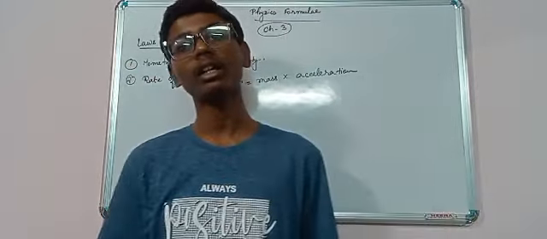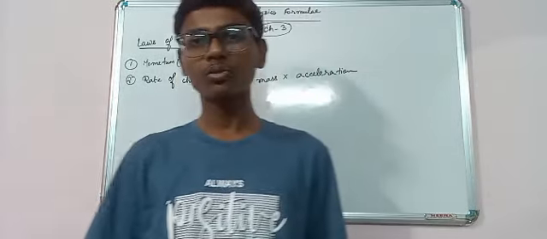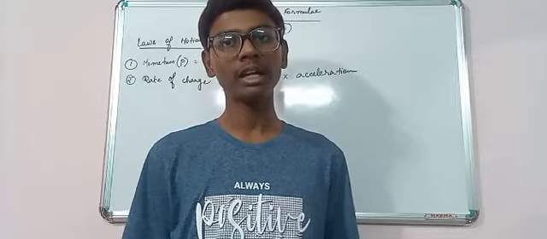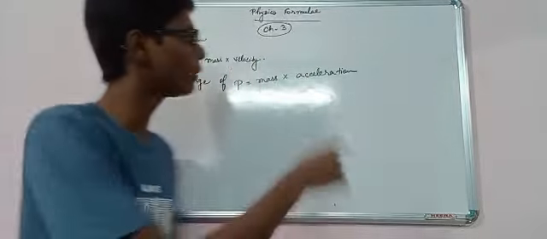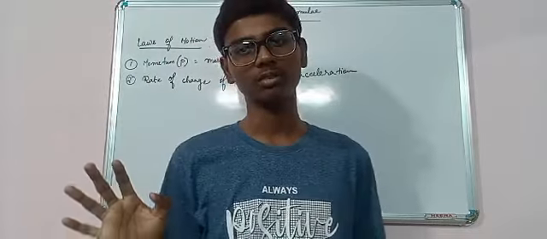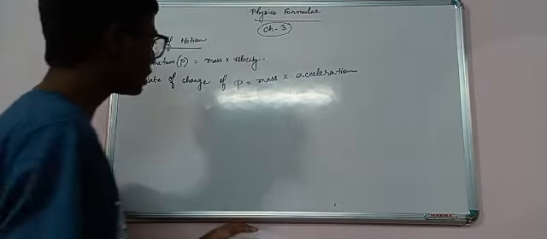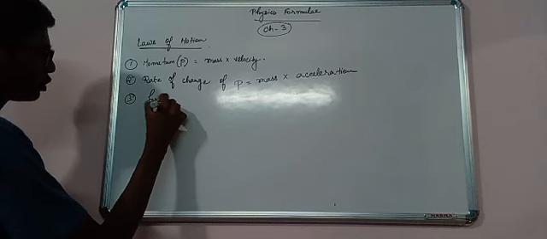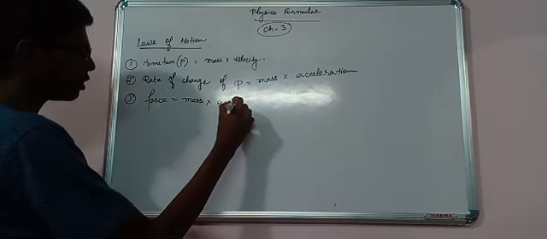Where is by time here? Through a small derivation and a small linkage of two formulae, the by time part goes away, and acceleration comes. But for that we need to know the derivation, for which I will make a separate video. Next we have force equals ma. How much force to apply depends on the mass of the body and the acceleration of the body.